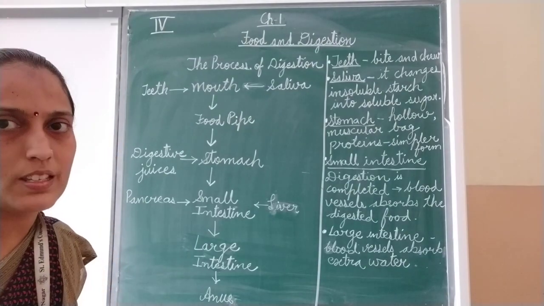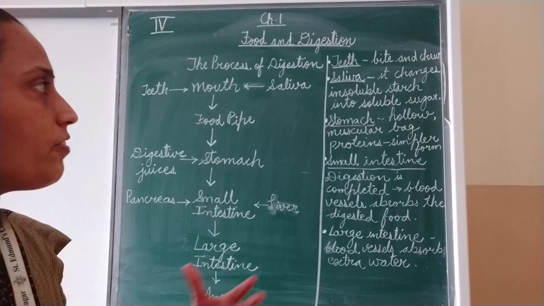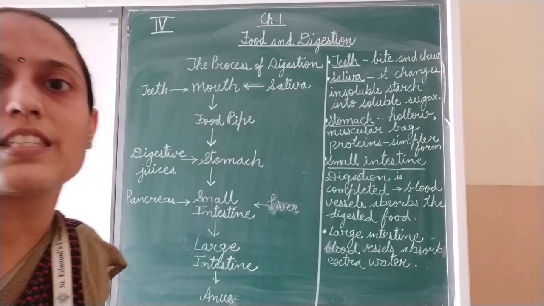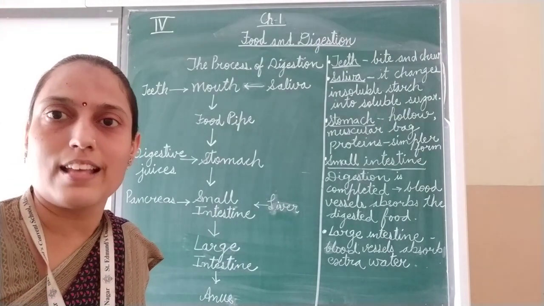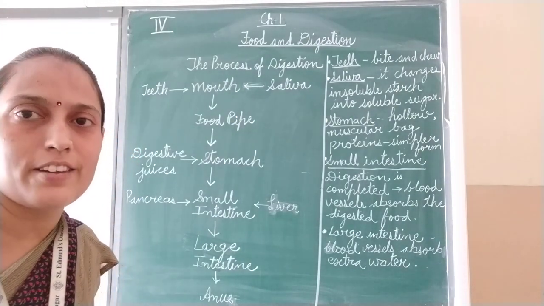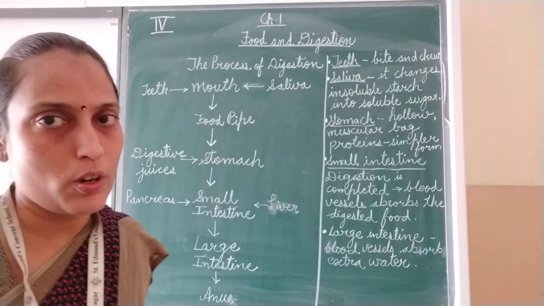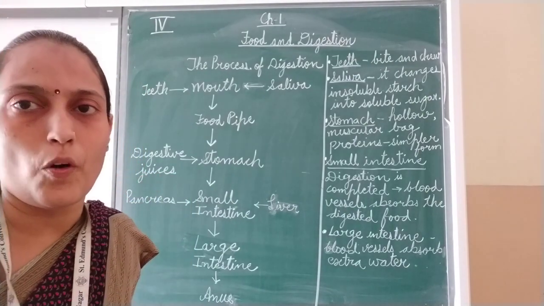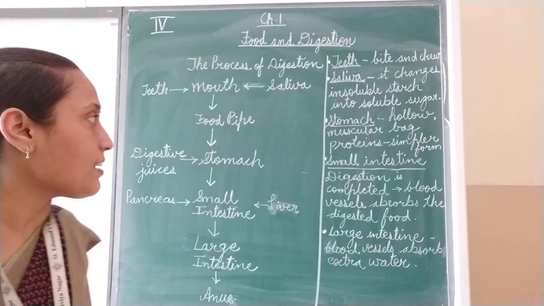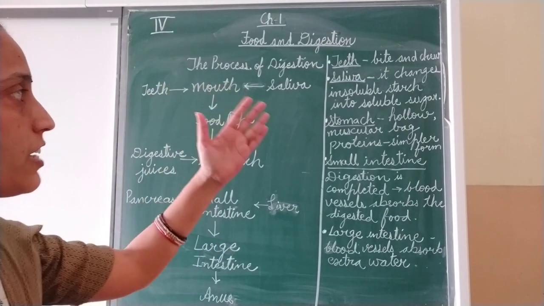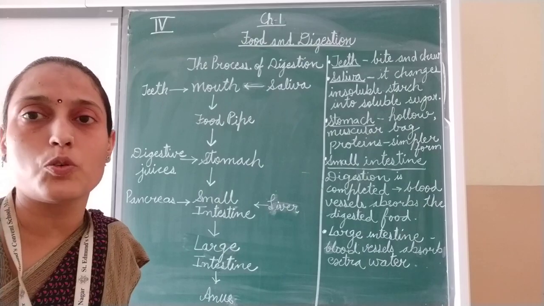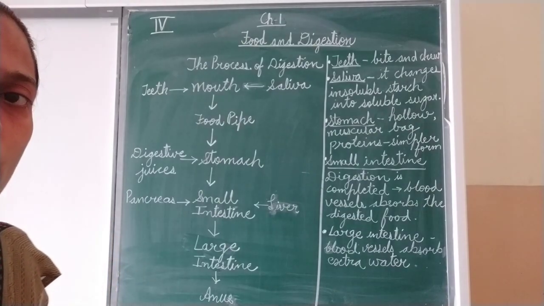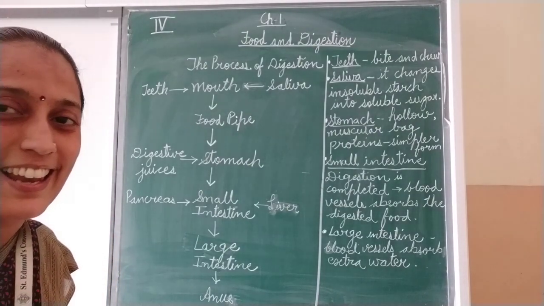This saliva changes the insoluble starch, which is present in the form of carbohydrate, into soluble sugar. It means chewing food well is very important to change our insoluble starch into soluble sugar. So we should chew our food well.